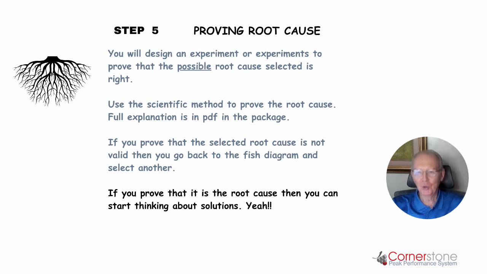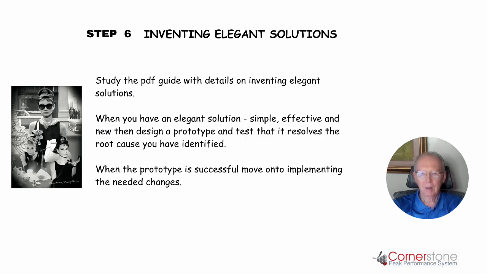We have a tendency always to want to jump to solution, like those crazy Australian kangaroos. So if that is the case, then we move on to looking at and inventing elegant solutions. Again, in your package is the PDF guide with details on how to go about inventing elegant solutions.